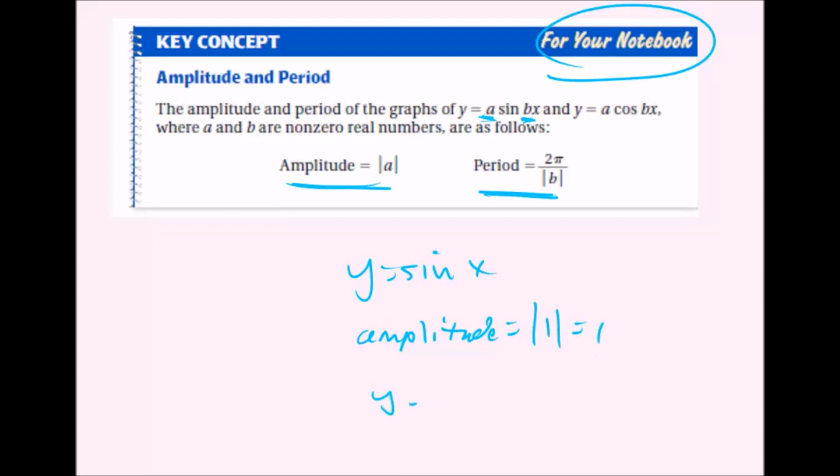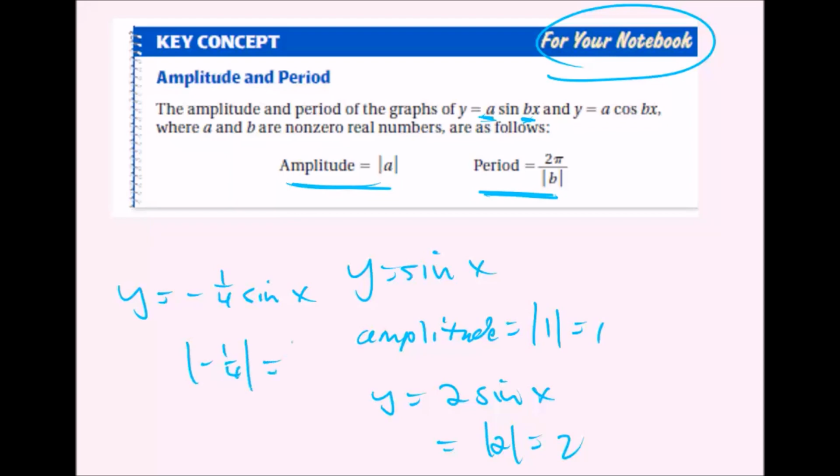If you had something like y equals 2 sine x, the amplitude is equal to the absolute value of 2, which is 2. The absolute value is just reminding you, if you have something like negative 1/4 sine x, the absolute value of negative 1/4 equals 1/4. So the amplitude, or a, would be equal to 1/4.